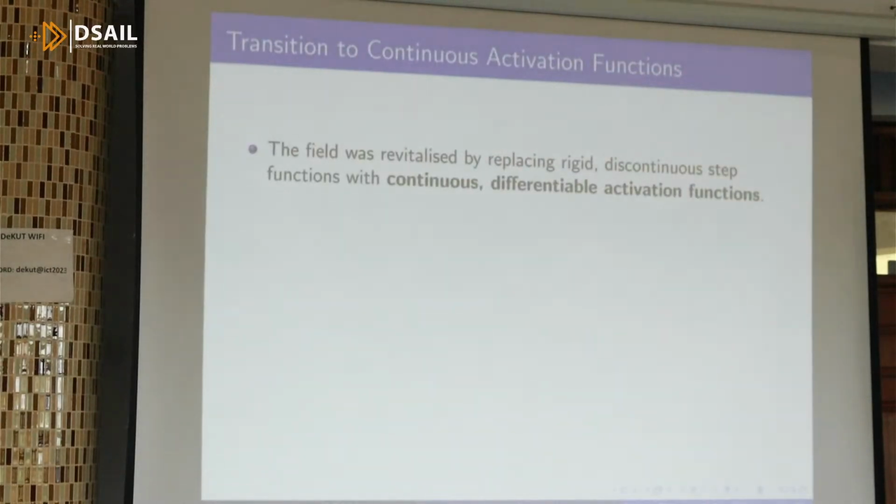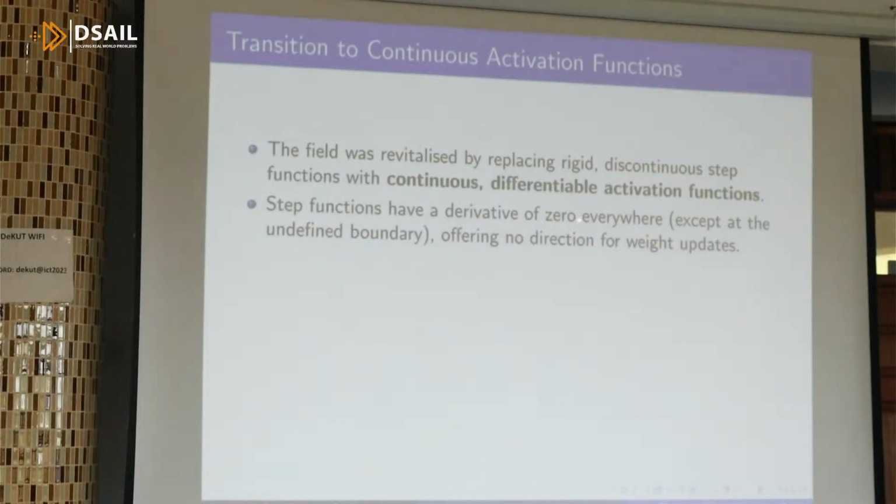And then years later, in the 80s, the field was revitalized by replacing rigid discontinuous functions with continuous differentiable activation functions. So introducing activation functions, that sigma that we saw earlier, essentially changes everything, all right? The step function has a derivative of 0 everywhere except at the undefined boundary.